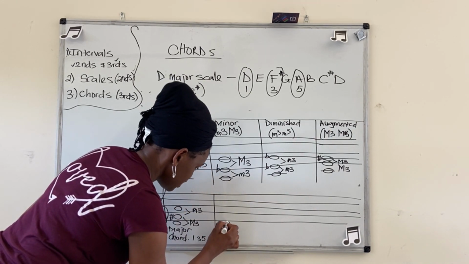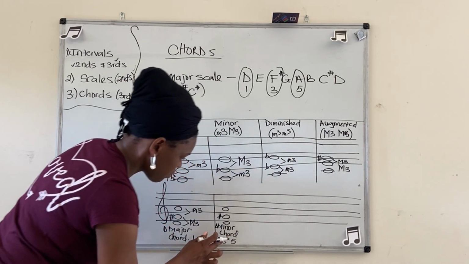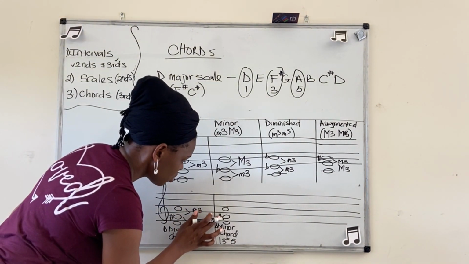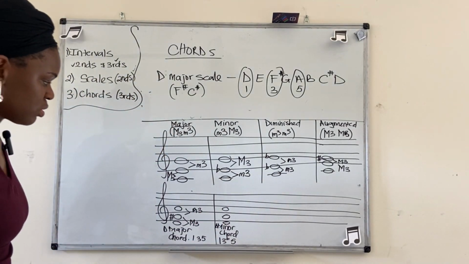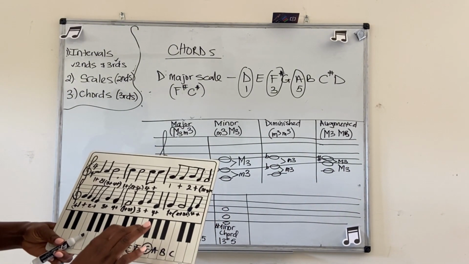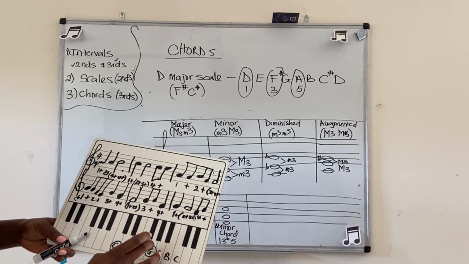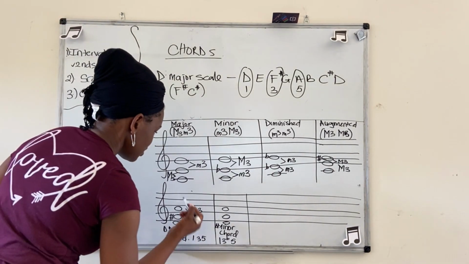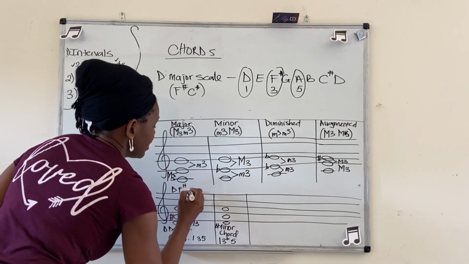So in this case, we have D, F sharp, and A. If we flatten F sharp, what do we get? F. So the D minor chord is not going to have any sharp. Instead of playing D, F sharp, and A, which is our major chord, we're going to have D, F, and A. So it's going to be easy.